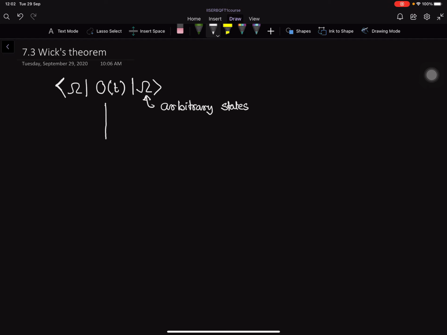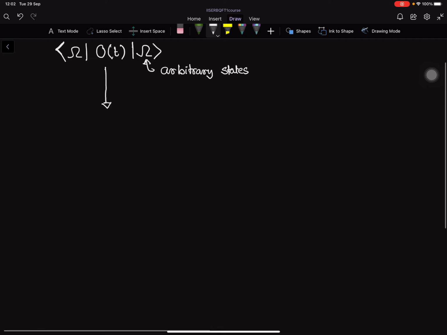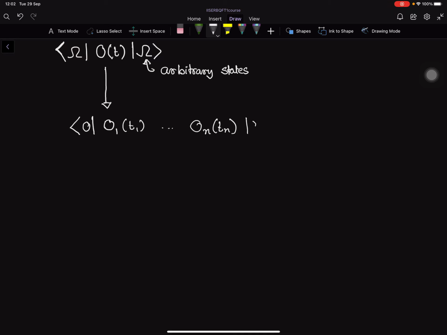And we have reduced this problem to the problem of computing just the vacuum expectation value, the vacuum expectation value of some bunch of operators. This we discussed in the previous lecture. Okay, so at this point the goal is to compute them.